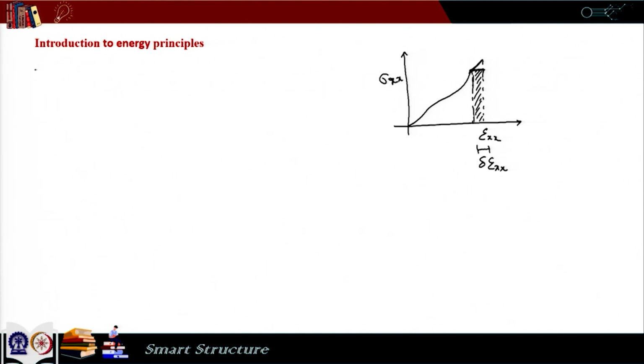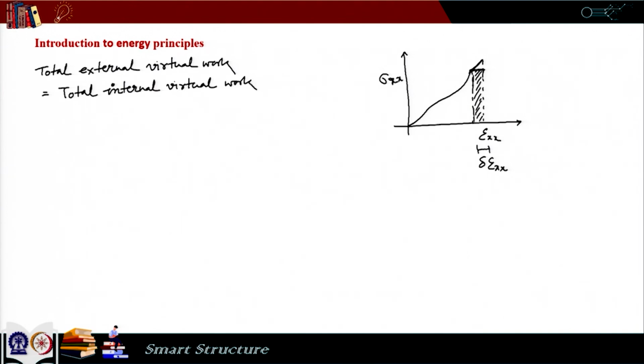So, the principle here says that total external virtual work is equal to total internal virtual work, and this holds when it is under equilibrium.